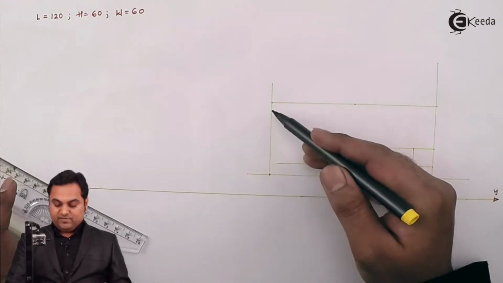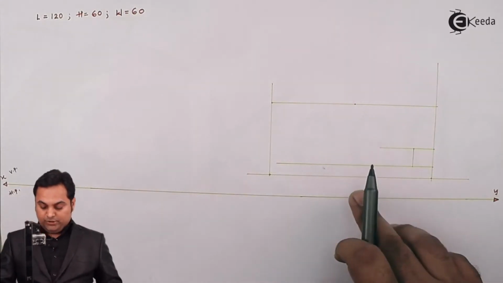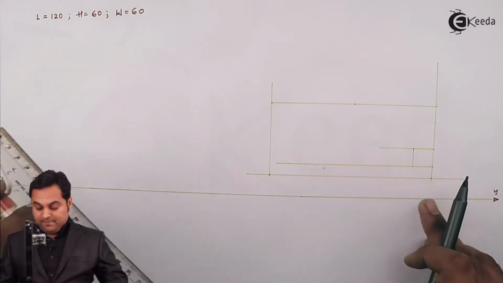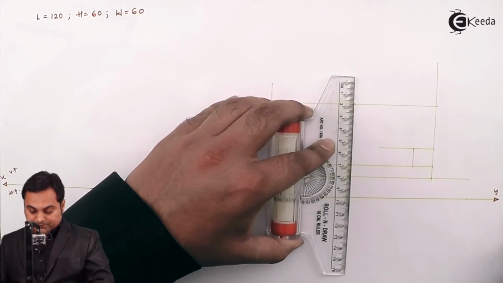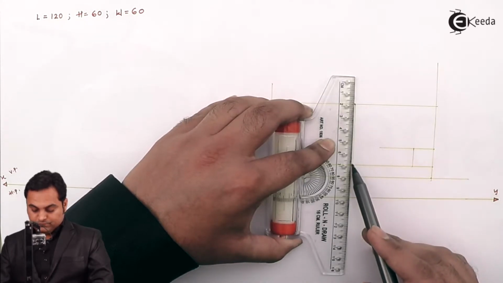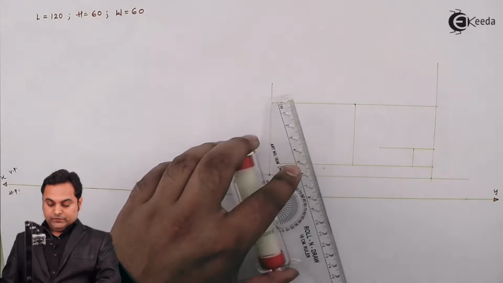Here this 60 mm indicates the cylinder and it is kept on a block of 10 mm height. So drawing a vertical line through this point. So this is the cylinder looking like a rectangle from the front view.